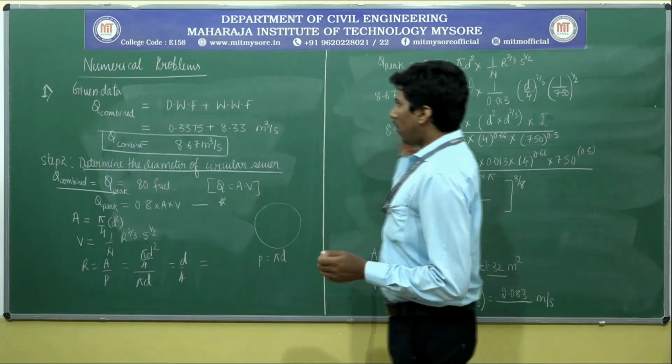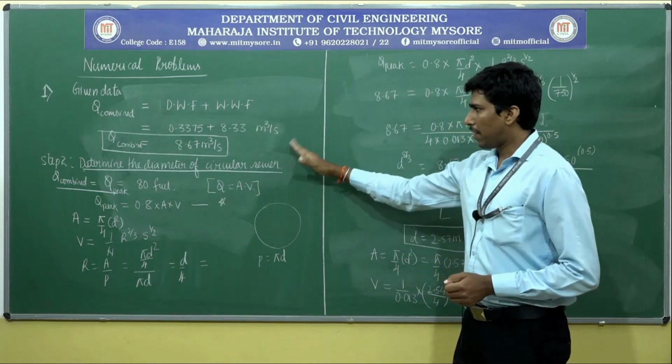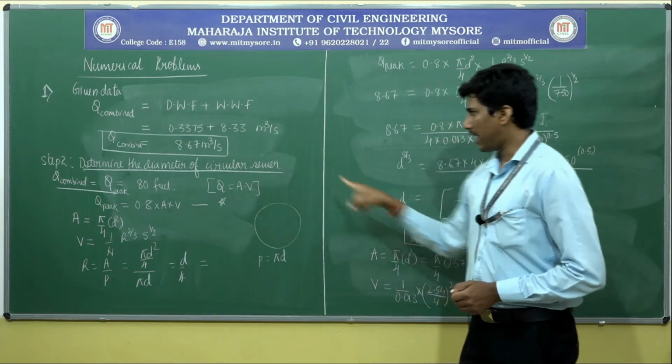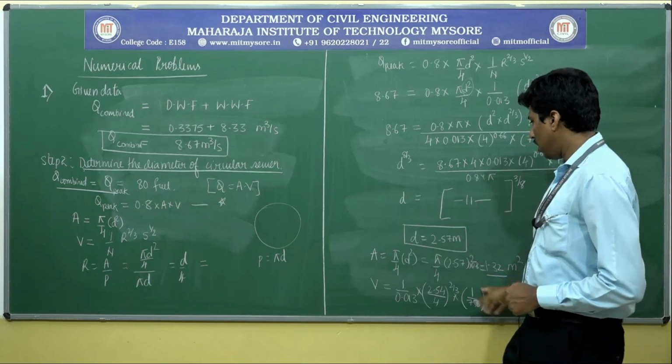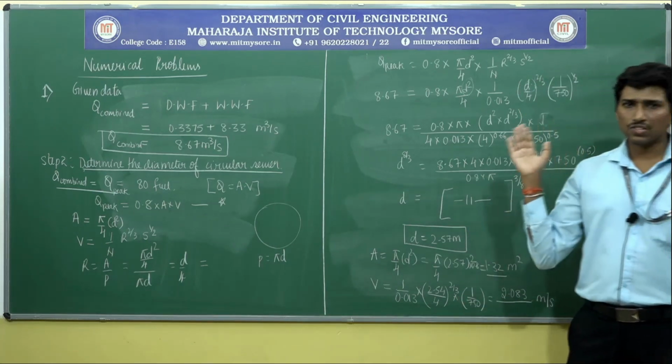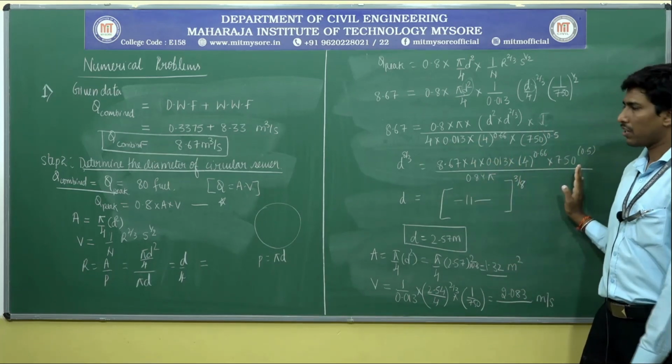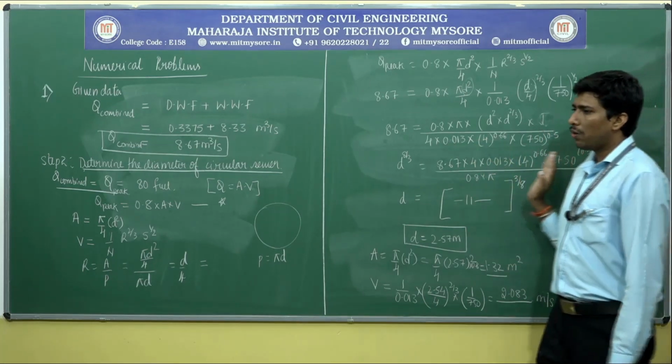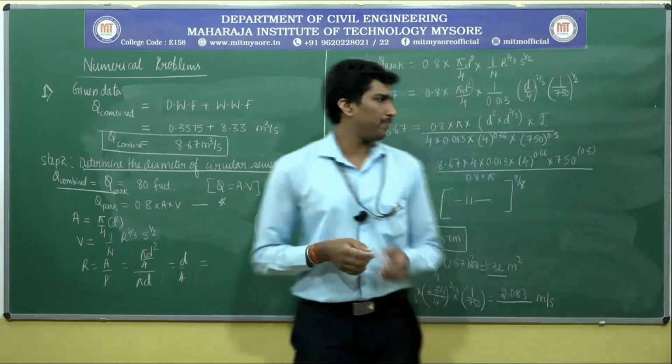So altogether you have found the combined part of the sewage and determined the diameter of the circular sewer. This is the problem to be solved whenever asked in the examination. Clear with this? Now moving on to the next set of problems.